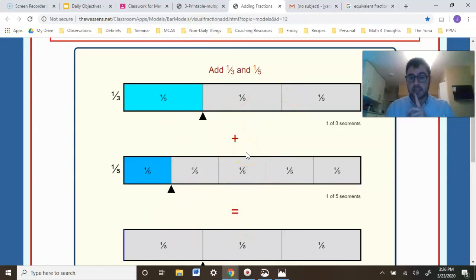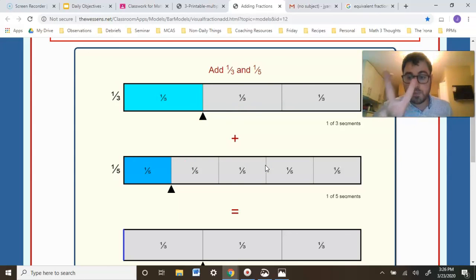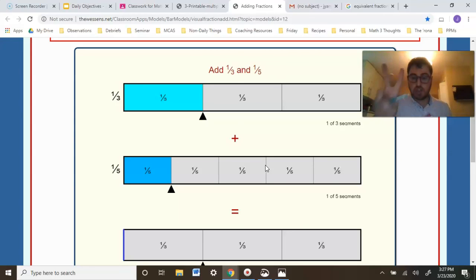The way, la manera que puedo ver que tú puedes hacerla, is not to do the screenshot like before, but instead to write down here the answer to 2 problems. Your page should look like this. Then I want you to take a picture of that work and then attach it and send it to me. So remember, 2 problems.